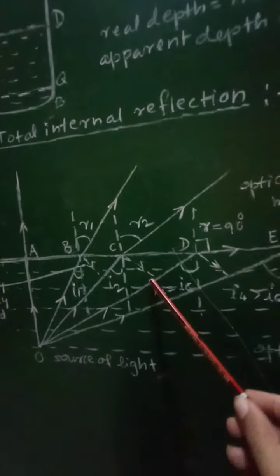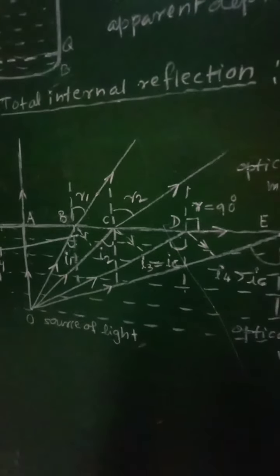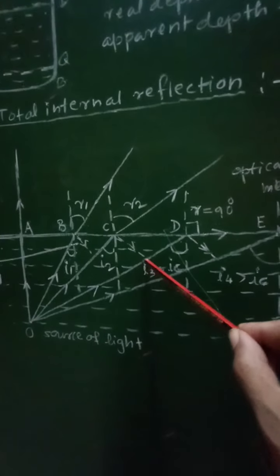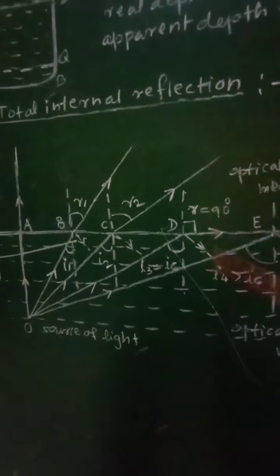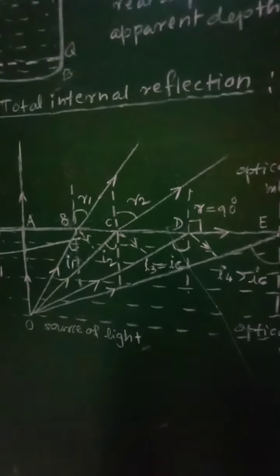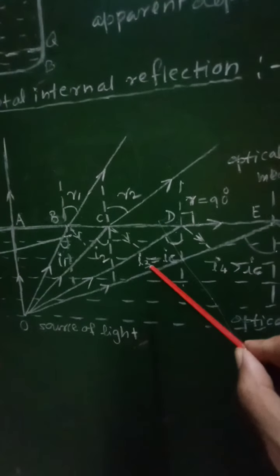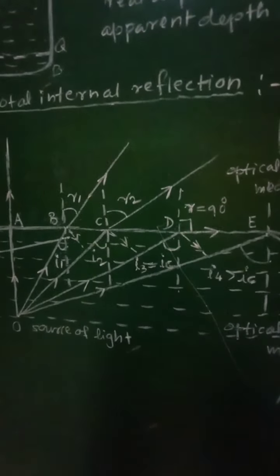Now this total internal reflection will take place only when there are two more conditions. The ray of light must first be traveling through the denser medium and would get refracted into the rarer medium. That is the first condition. Always the ray of light must be traveling first through the denser medium, and after refraction it would enter into the rarer medium.